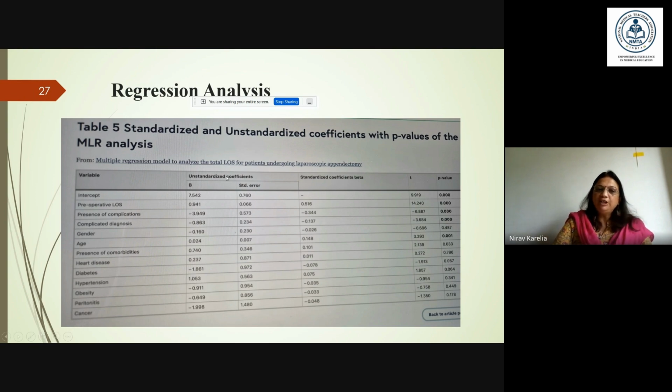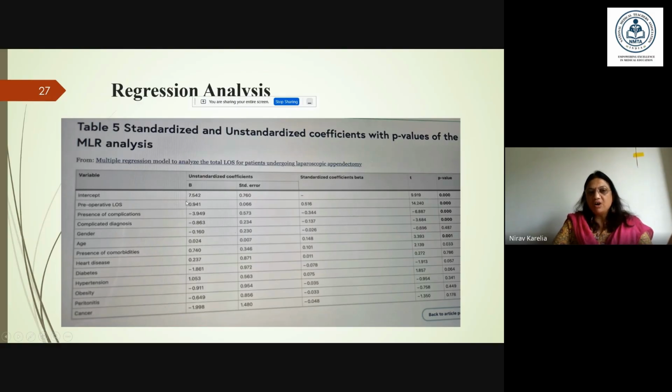When you apply multiple regression, there are three terminologies commonly used in the table, the first being the unstandardized coefficient. What is its interpretation? It represents the change in the dependent variable, length of hospital stay, when I increase my independent variable by 1 unit.